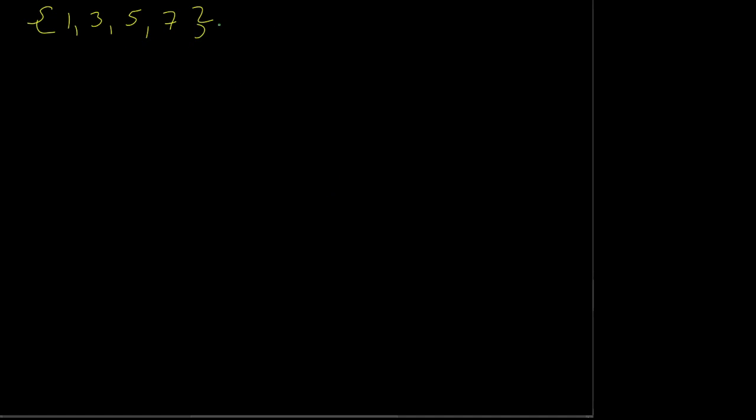For this entire population, the average is the sum of all my values, which is 1 plus 3 plus 5 plus 7, all divided by the 4 of them. So it's 16 divided by 4, or an average of 4. People go shopping 4 times in a given month.